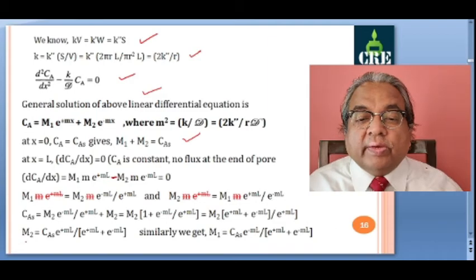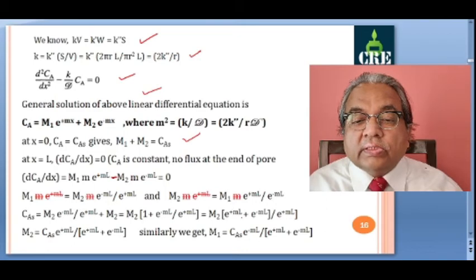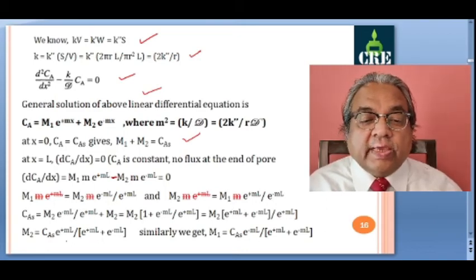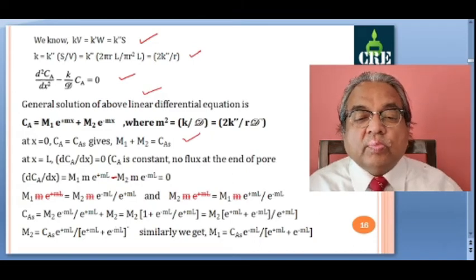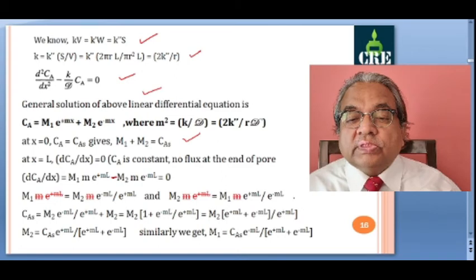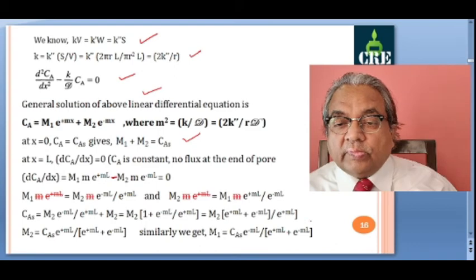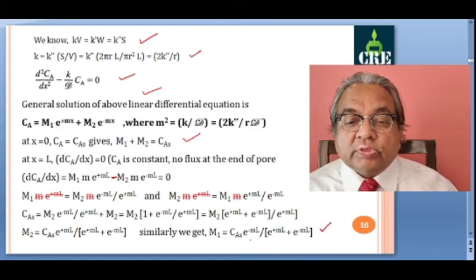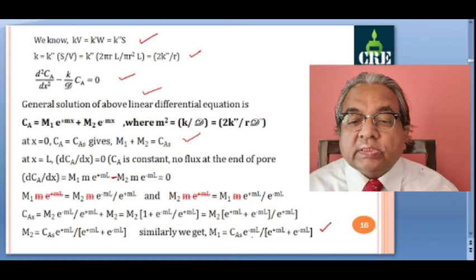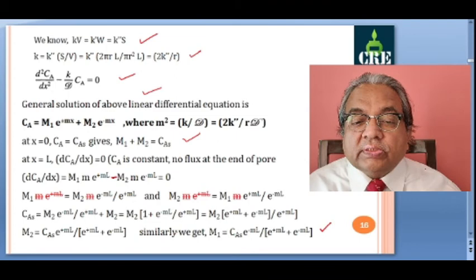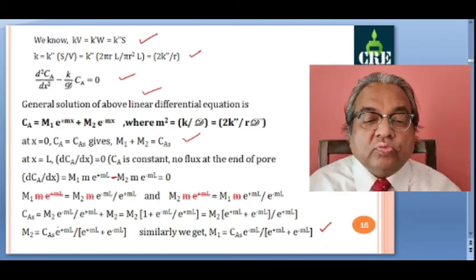Okay, so m2 can be written as, this I will transfer on this side. So CAS into e raised to ml by e raised to ml plus e raised to minus ml. And similarly, you can find out this another constant m1 also. So m1 is equal to CAS into e raised to minus ml by e raised to plus ml plus e raised to minus ml. So what is the difference? For m1 you have e raised to minus ml term, and for m2 you have e raised to plus ml.